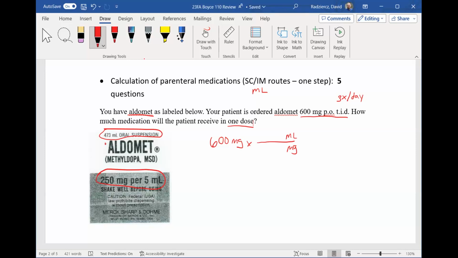Oral suspension, injectable, you're going to be solving for milliliters. Now, if I look at my available, I have 250 milligrams per 5 ml. And then I'm going to take 600 times 5, which gives me 3,000, divided by 250. And I'm going to give the patient 12 milliliters.